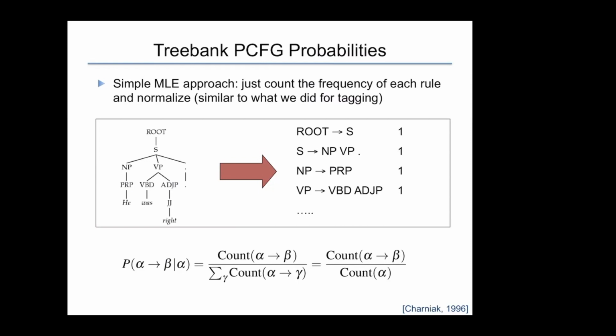Then the transition probability into beta given alpha can be computed with this simple division, and I think this is very straightforward. It's very elementary probability theory, right?